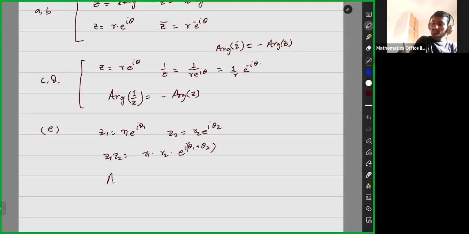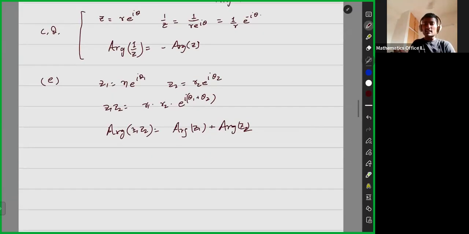So from here it says that argument of z1 z2 is argument of z1 plus argument of z2, but this was discussed in the classroom. There it has a problem.